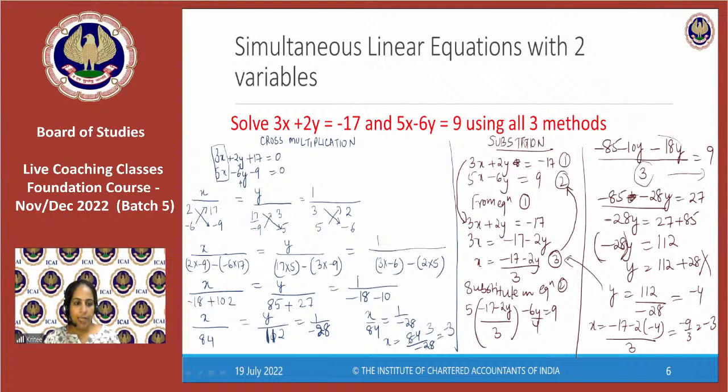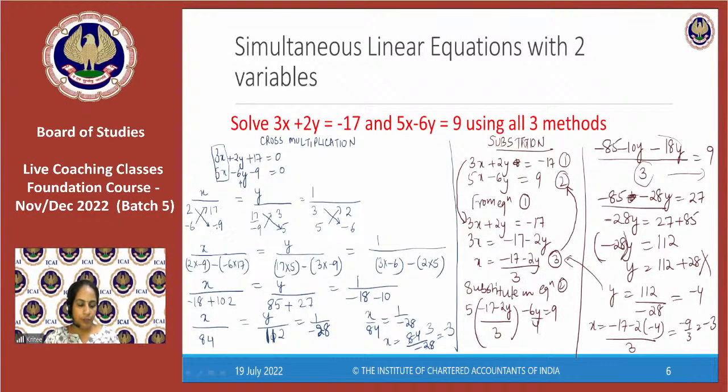So under y, I will not write y's coefficient. Likewise, under the constant value, I will not write the constant. I will write the coefficients of x and y. 3 and 5, 2 and 6. The reason why it is known as cross multiplication is that you cross multiply now.